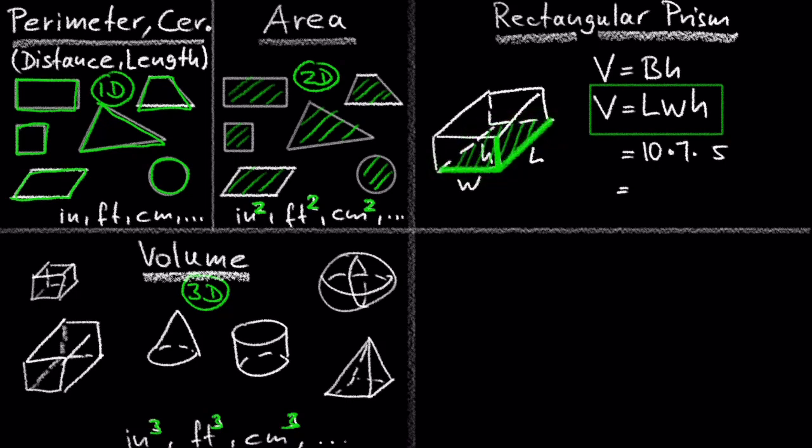And multiplying that by the height, which is 5, is 350. So the volume of this rectangular prism is 350 cubic centimeters.